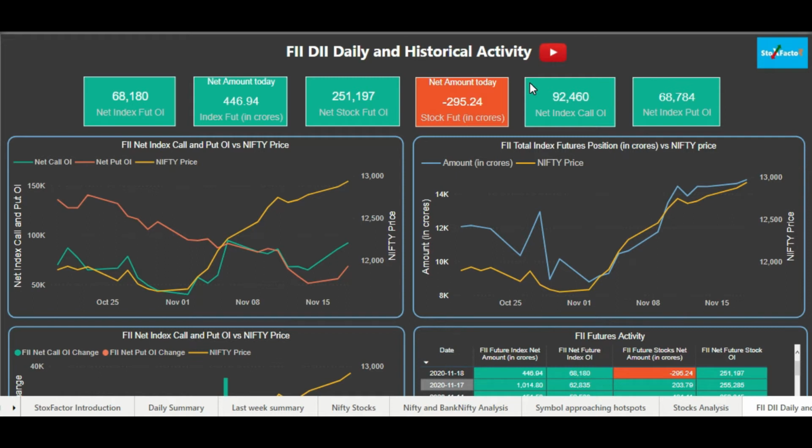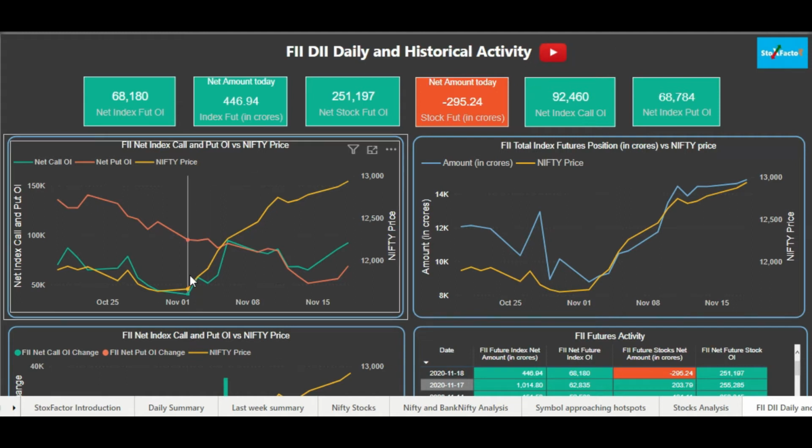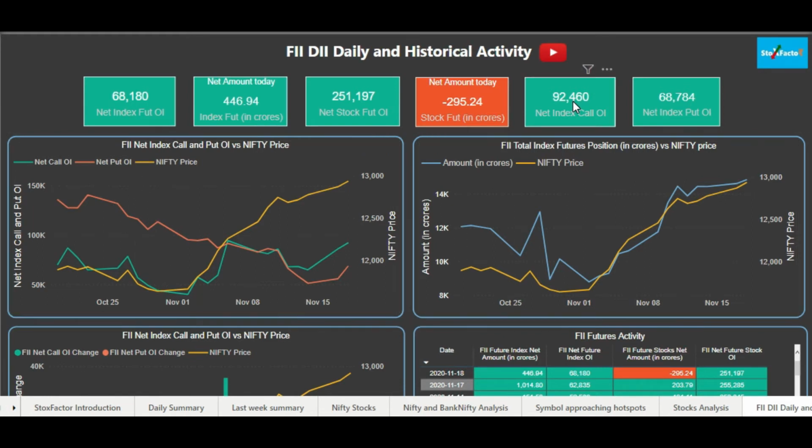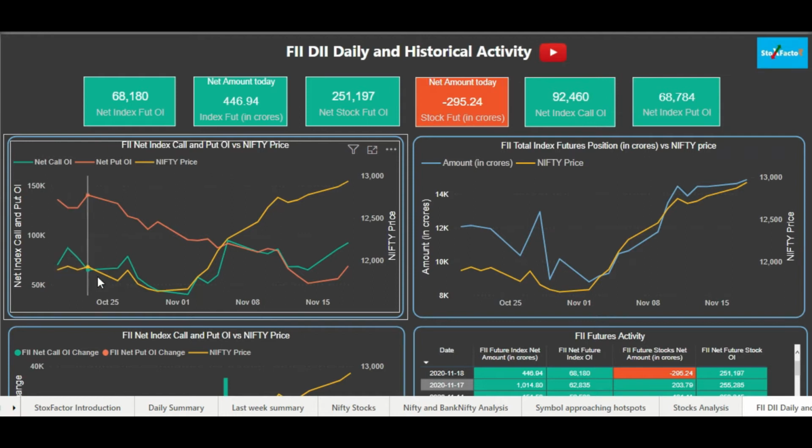Now coming to the graphs, starting from the left, you can see the second graph. We can see 2 different trends going on here. On the primary axis, you can see the net call OI and the net put OI. The green line is the net call OI. In the card we were seeing only today's number, but here we can also see the historical trend.